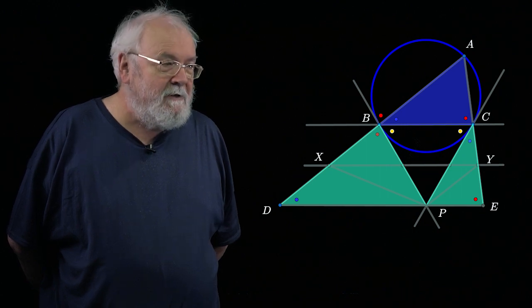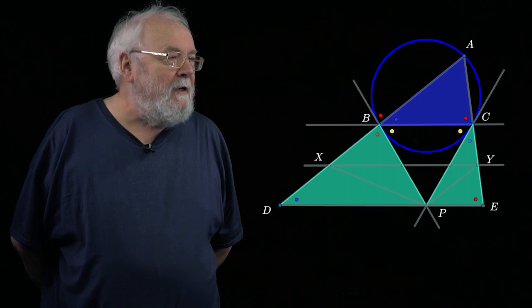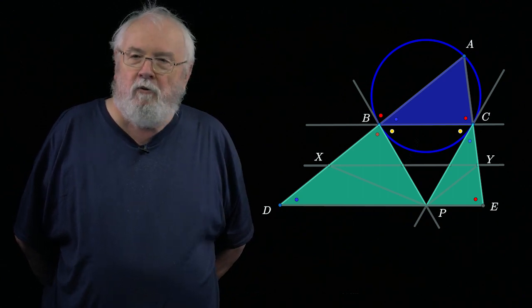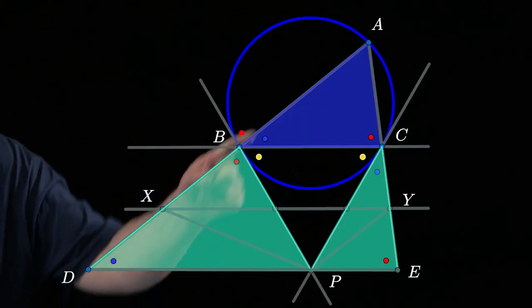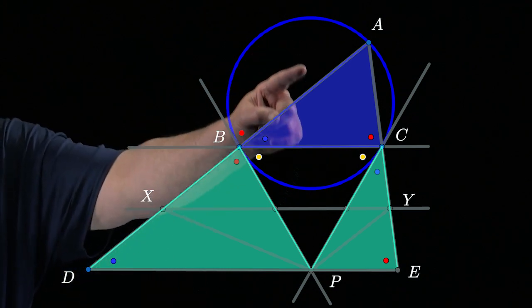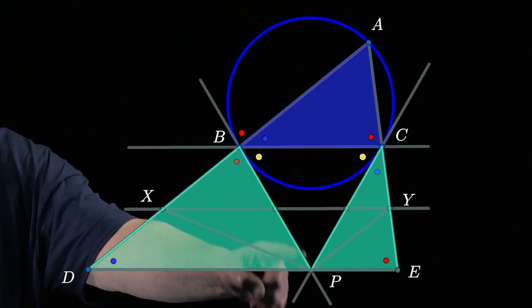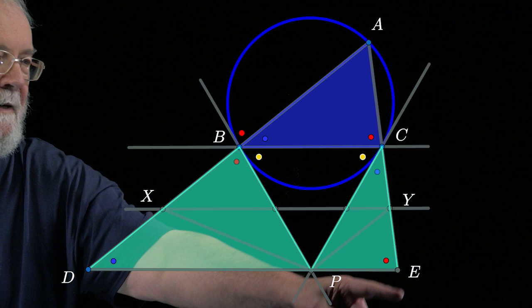They're not only similar to each other, because of what the angles are, they're both similar to triangle ACB. And I said that the wrong way round deliberately, because there's an indirect similarity between ACB and the triangles PBD and PEC.